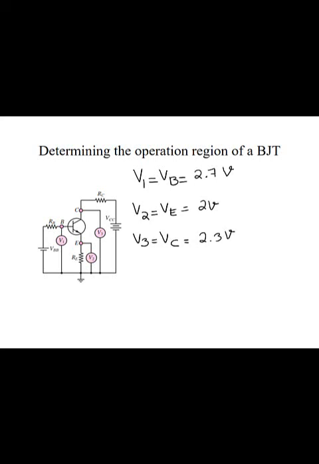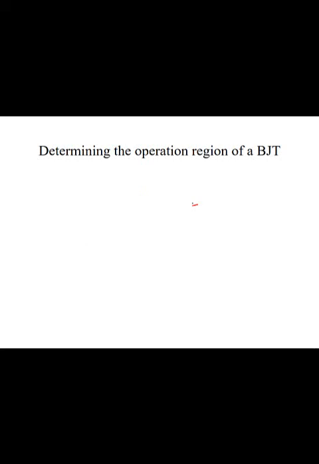So as I said, to determine the region of the transistor, we shall compute the VBE, which is the voltage between the base and the emitter, and VBC, which is the voltage between the base and the collector, to determine whether the BE and BC junctions are forward or reverse biased. So basically we have two definitions for the regions of the transistor. First we have the saturation region, and then we have the active region.